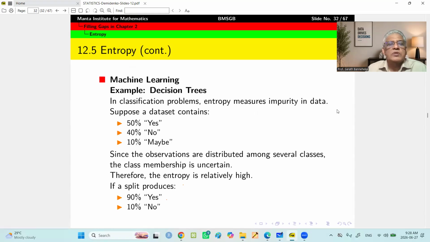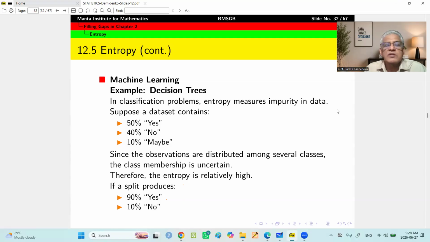Okay. So let's look at another example, an application in machine learning, an example of a decision tree. In classification problems, entropy measures impurity in data.